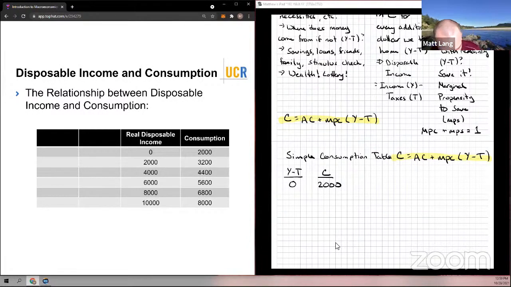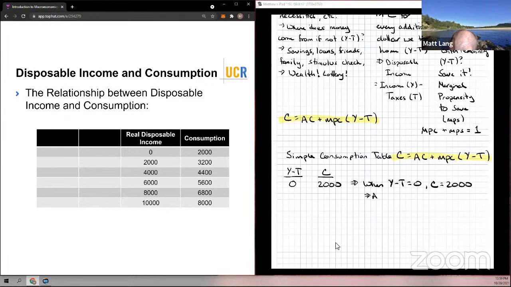When your take-home income is 0, consumption is still 2,000. So what does this mean? Well, write it out. When y minus t is equal to 0, c is equal to 2,000. This is exactly what we just defined up above. This is exactly our autonomous consumption.